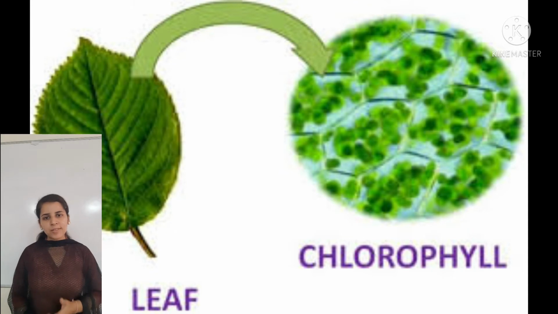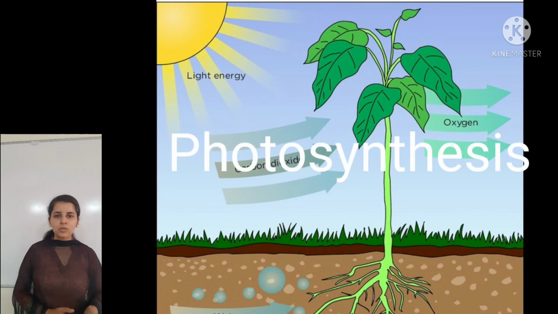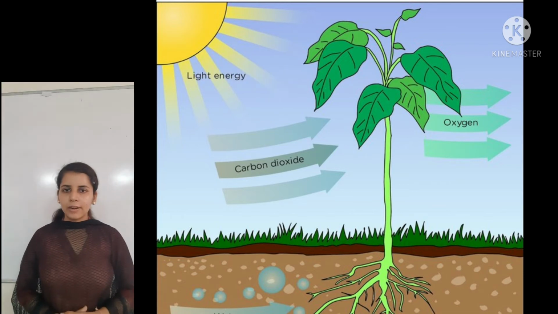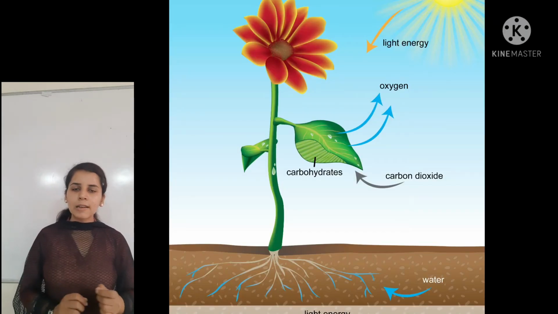Now, by which process do plants prepare their food? This process is called photosynthesis. So what do we mean by photosynthesis? Photo means light, synthesis means putting together. It means plants prepare their food by using light.